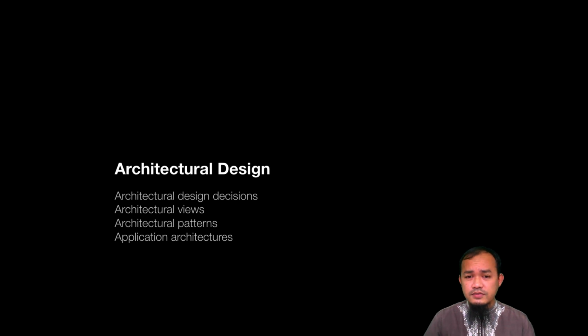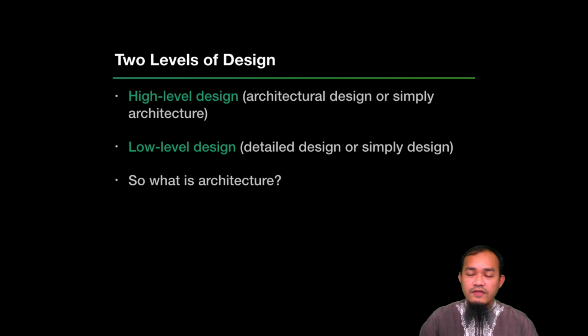Architectural design includes many topics that we have to discuss: architectural design decision, view, pattern, and the application of architectures. As we know, we can summarize that the design can be divided into two levels: high level design and low level design.